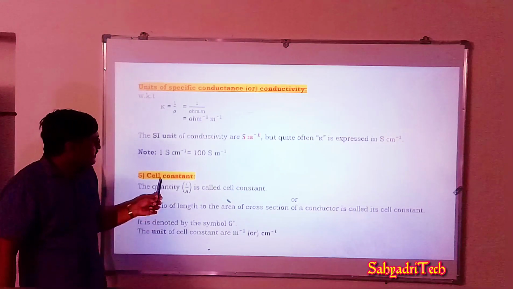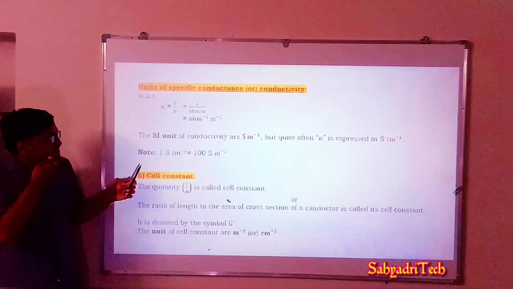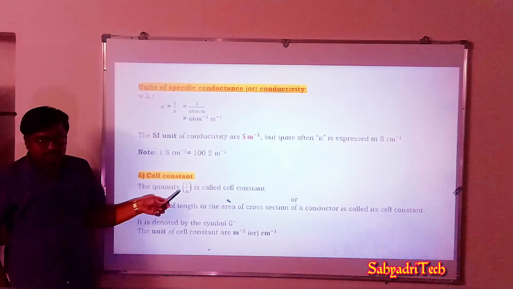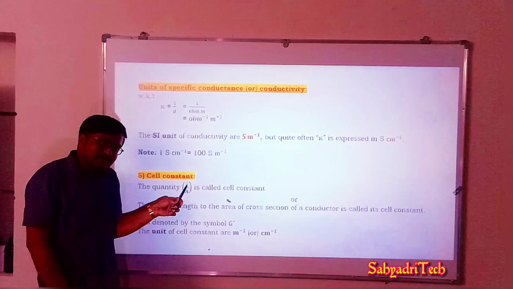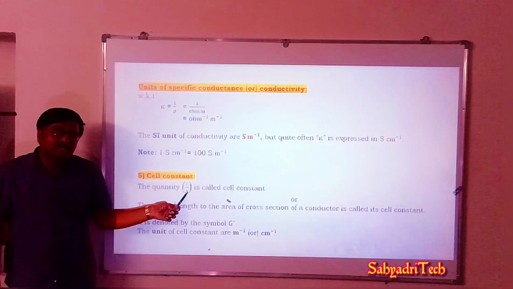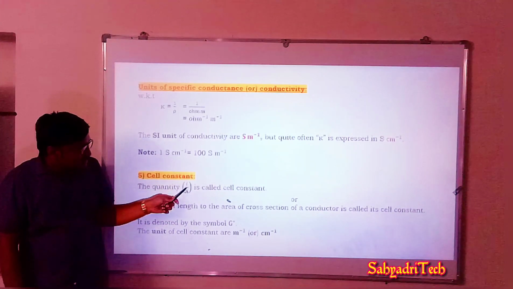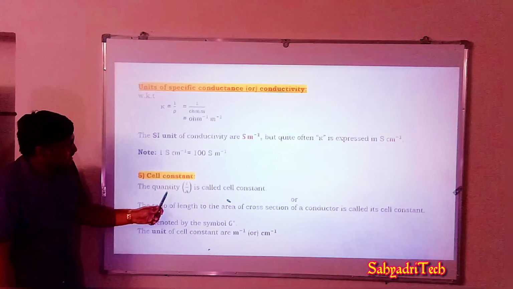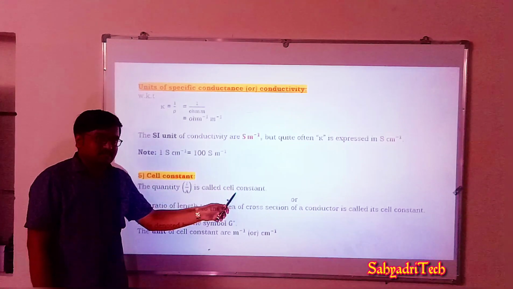Then one more important term, that is cell constant. While dealing with resistance, we come across the ratio L by A. As we said, resistance is directly proportional to length and inversely proportional to its area of cross section. So we come across the ratio between length and area of cross section of a conductor. This quantity L by A is called cell constant.